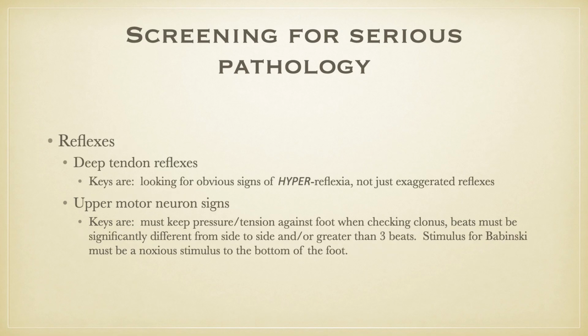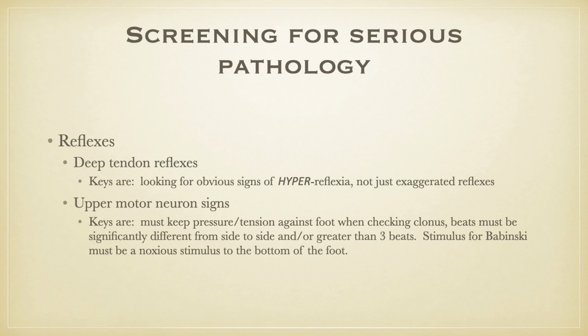Now, reflexes, other things to screen out serious pathology. We're looking at deep tendon reflexes in the lower extremities in particular, so usually at the knees or the ankles. And the biggest thing that you're looking for are, like it says here, obvious signs of hyperreflexia, not just exaggerated reflexes.